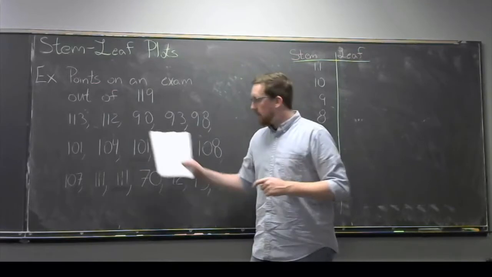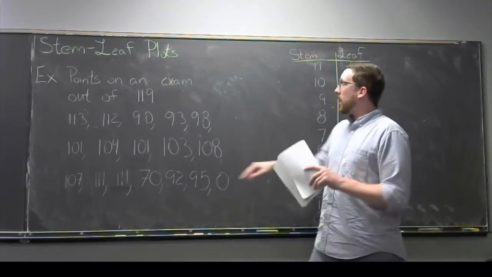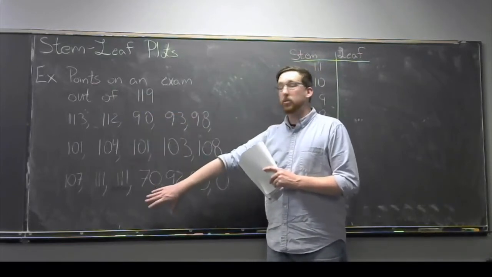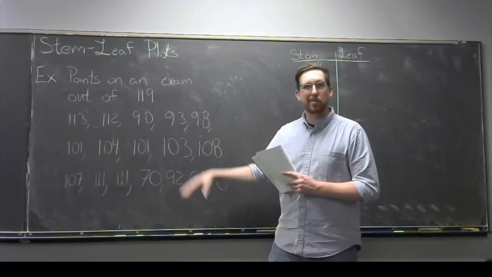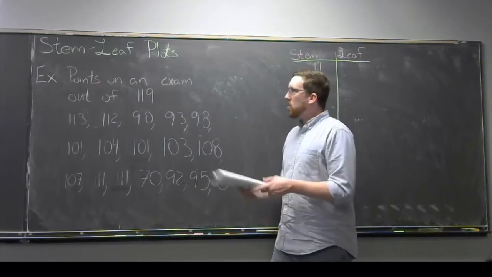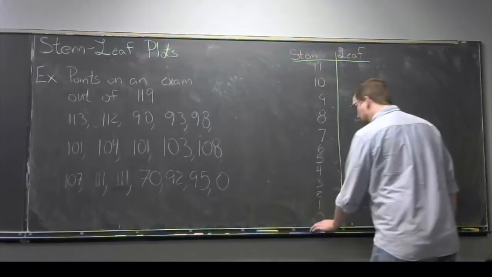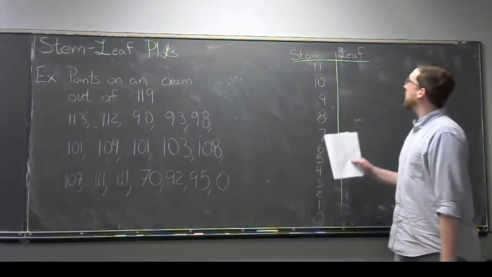Having said that, let's look at this example here. We've got an exam that's out of 119 points, and these are all the points associated with that exam. So student 1, 2, 3, and so forth makes each of these total numbers of points. We're going to put this into a stem and leaf plot. To do that, we start off by considering what our stems and our leaves are.